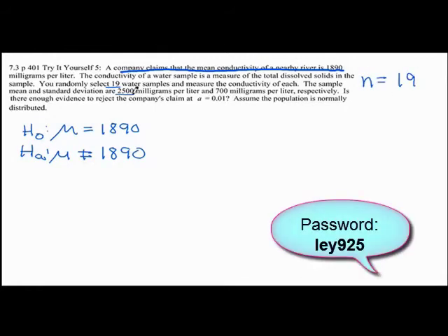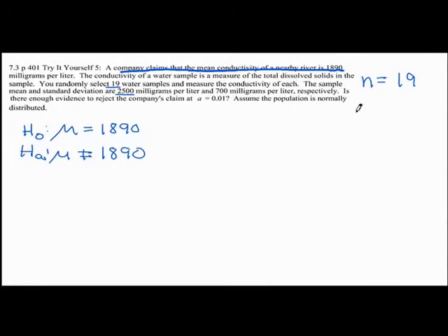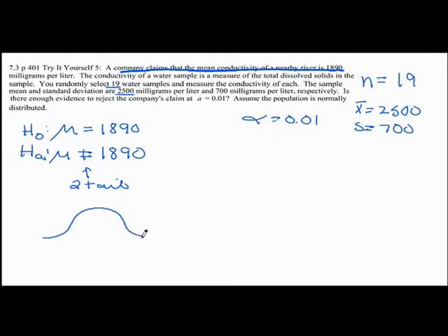We also know that the sample mean, or x bar, is 2,500. The sample standard deviation is 700, and the alpha is 0.01. Another thing we have to conclude is that this tells us it's going to be a two-tailed test since it's not equal to. So let's draw our curve with our critical regions.